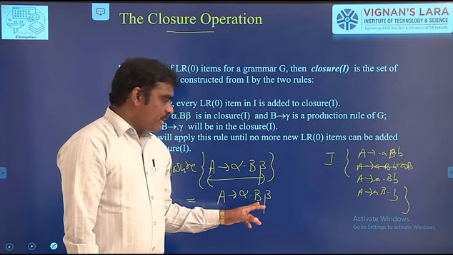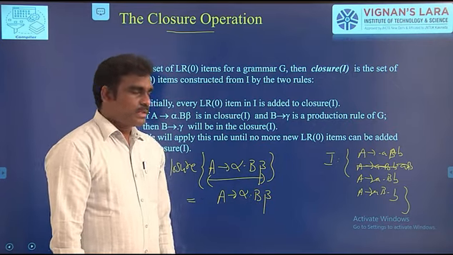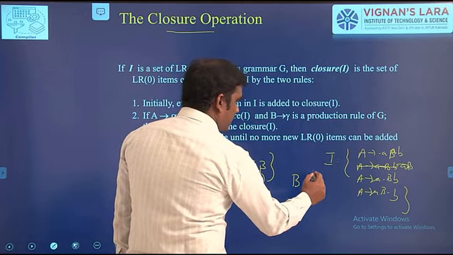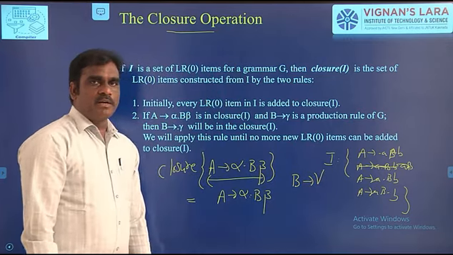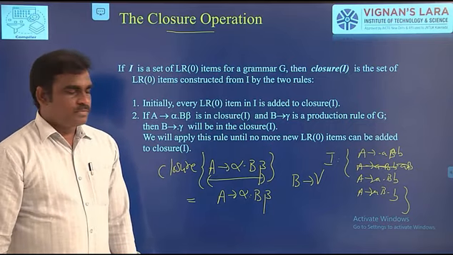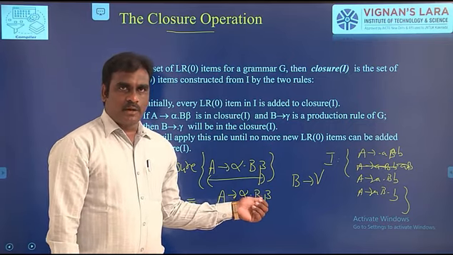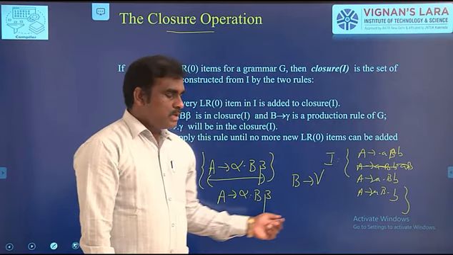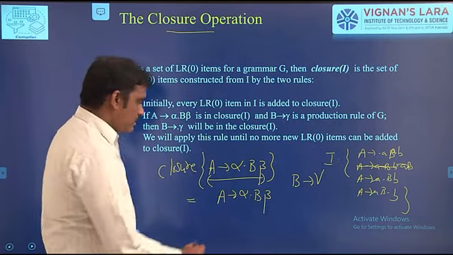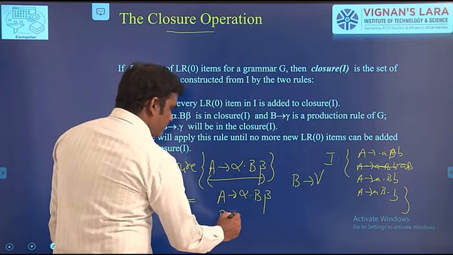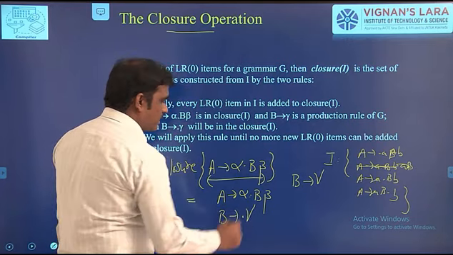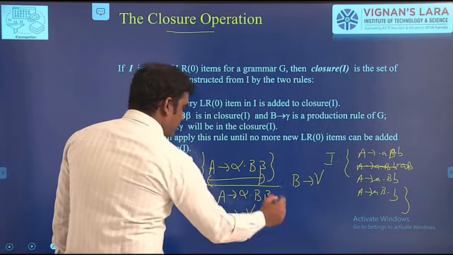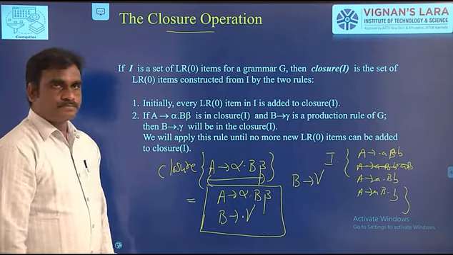For example, if B is a non-terminal symbol, all of you know that each and every non-terminal symbol has some productions. Suppose the B production is B to gamma. Then you have to add the production here, written like this: B to dot gamma. So this is the solution.